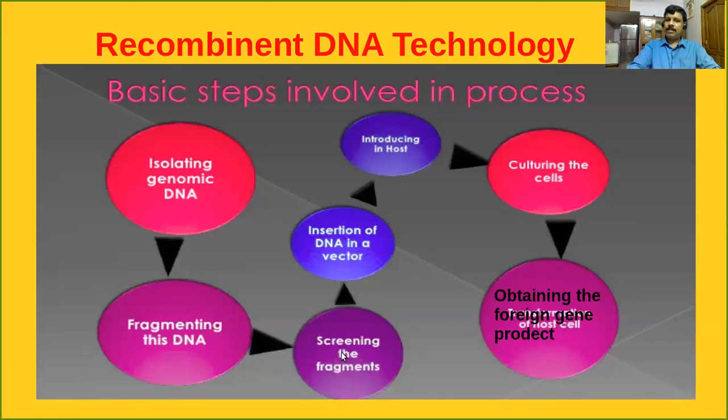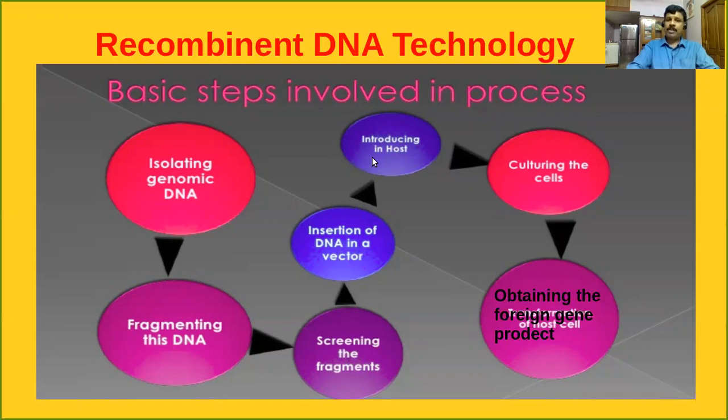Third one, screening the DNA fragments and identifying the desired DNA by using a technique named gel electrophoresis. Then insertion of foreign DNA into a vector DNA that leads to the formation of a recombinant DNA.